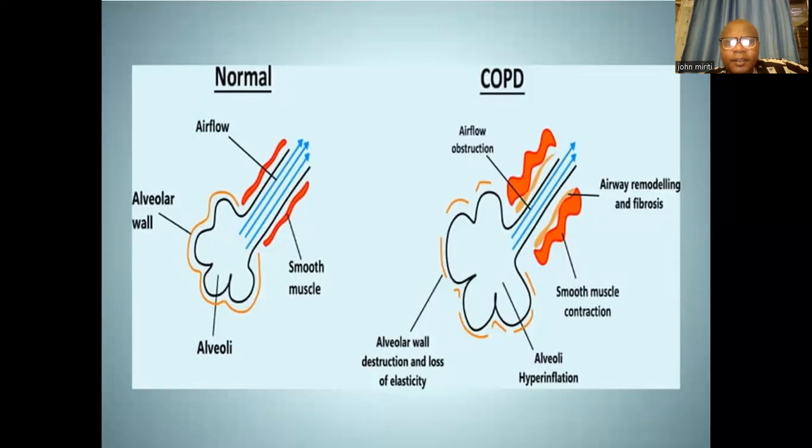So in a normal person, you can see how the air goes down the alveolar spaces very well, the smooth muscles contract so that they can facilitate airflow.